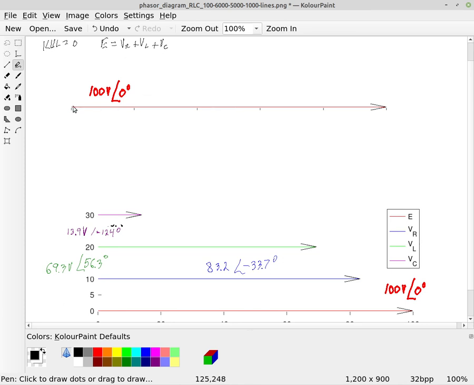And so if I start right here at the starting point of E and I start drawing these, I have to draw them with the correct angle. So I'm going to select this, and it doesn't matter which one you start with, but in general I like to start with the resistance.